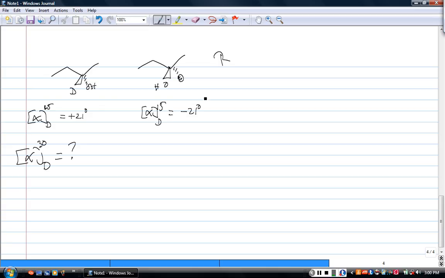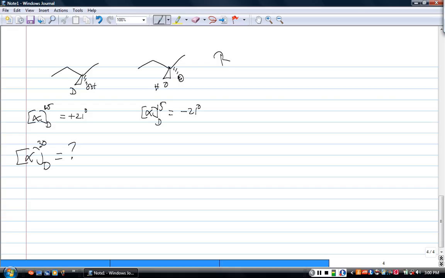None whatsoever. However, if the R compound is levorotatory, then I can say the S compound is dextrorotatory. So while there is no link between configuration and direction of rotation of plane polarized light a priori, once I know the relationship between R and the direction of rotation, then I know what the S enantiomer is going to be.